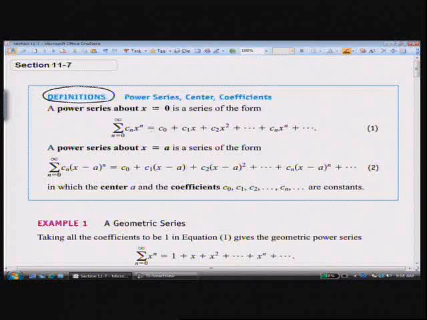And c is just a coefficient, like just a constant, just like a number. So this could be 5x to the n, or 12x to the n. Or actually, these numbers can change because it's c sub n. They could be different numbers.